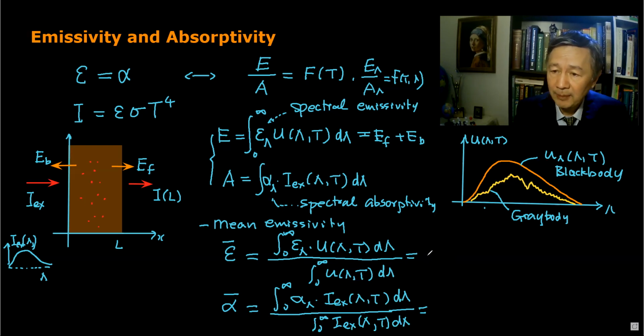So that will become this. By definition, that's our emission, the total, both forward and backward, and that one we know is exactly equal to a constant.